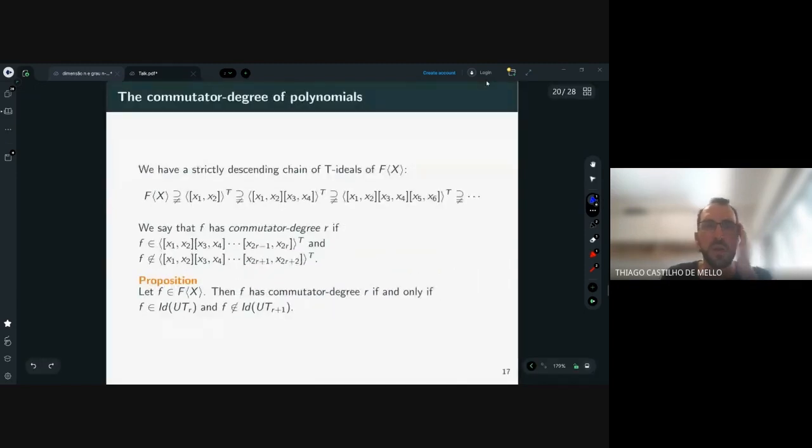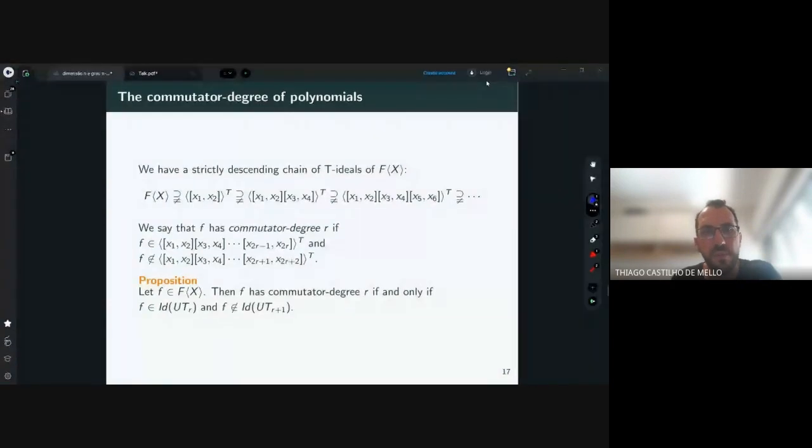So we're going to consider this chain of T-ideals. So we have the free associative algebra, the T-ideal generated by one commutator, the T-ideal generated by the product of two commutators, by the product of three commutators, and so on. And any polynomial here will be in some of these.